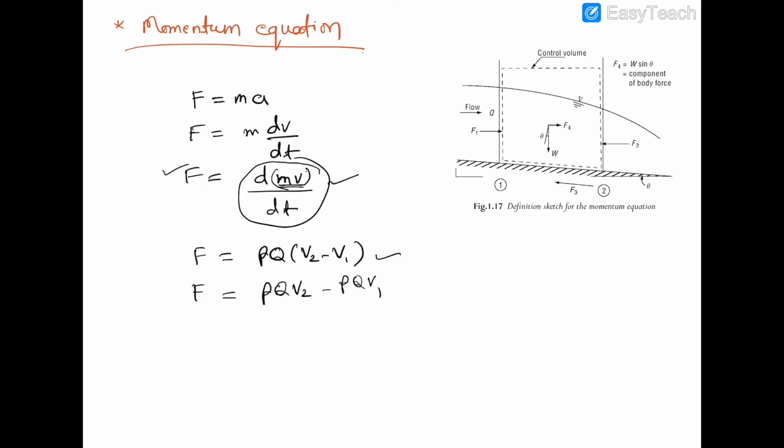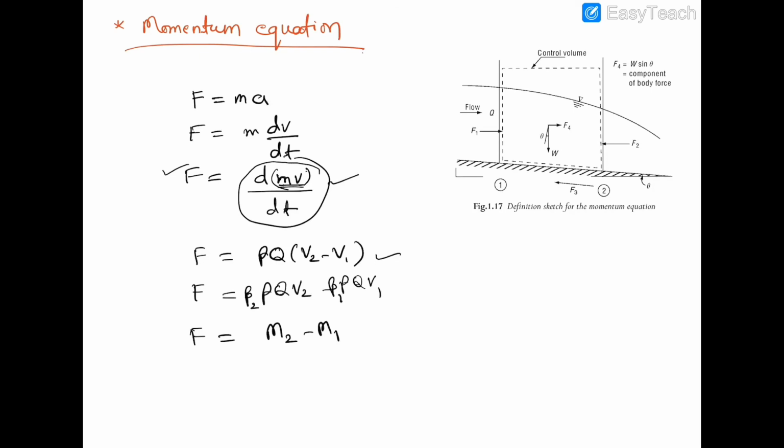If we want to introduce the momentum correction factor, then this will be beta2 rho q v2 minus beta1 rho q v1. F is equal to M2 minus M1. These M2 and M1 are called momentum flux.